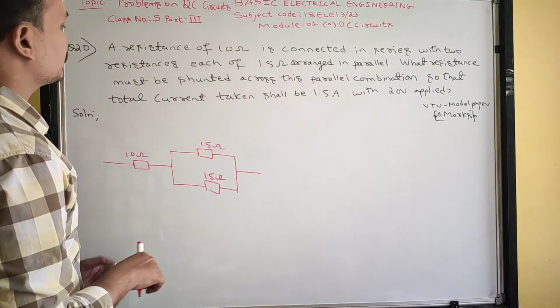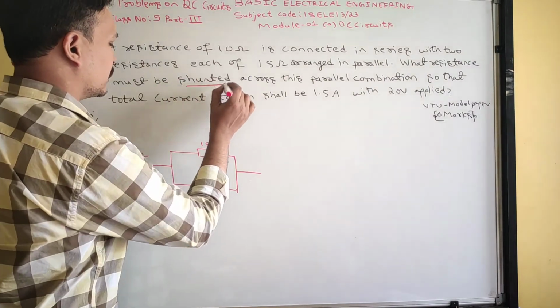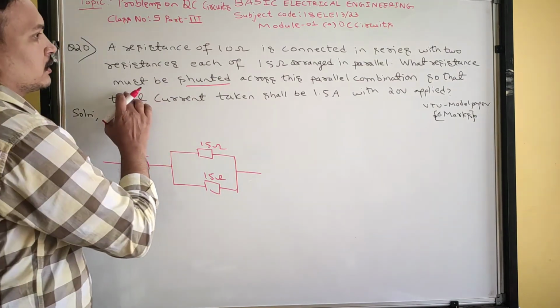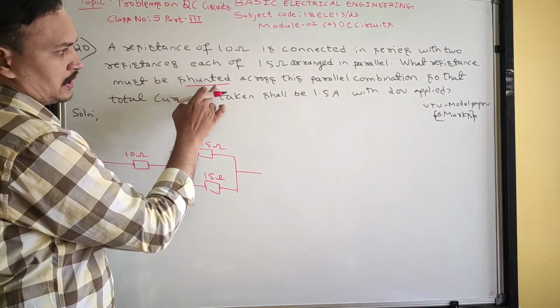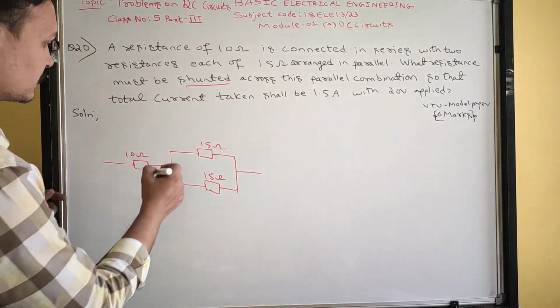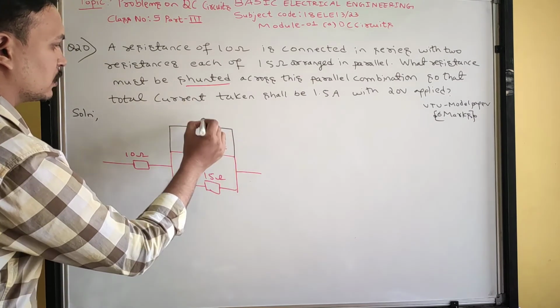And what resistance must be shunted? See, the word shunted is nothing but connecting across an element. What resistance must be shunted across this parallel combination? You should connect some resistance, but we don't know what that resistance value is.